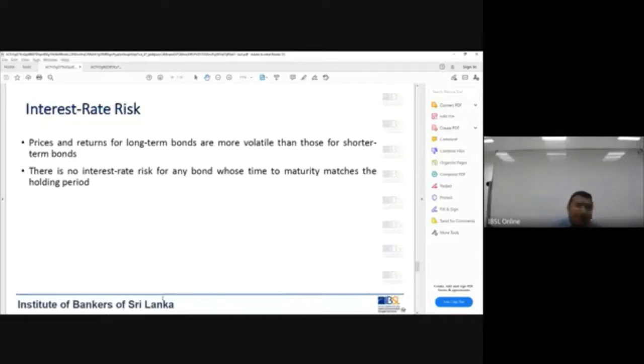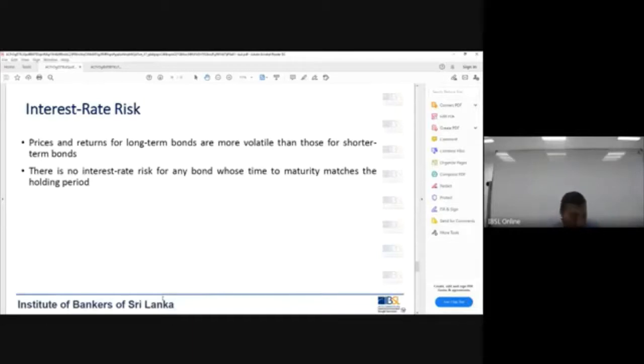Lower the interest rates, higher the prices. You can do that at home or wherever you are. Each step that you take, just get that message into understanding. So the prices reduce when the interest rate increases. So price and interest rates have a negative relationship.